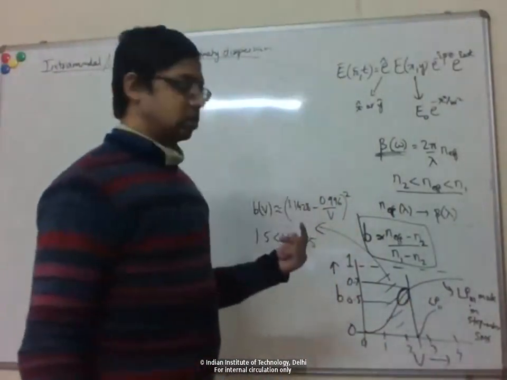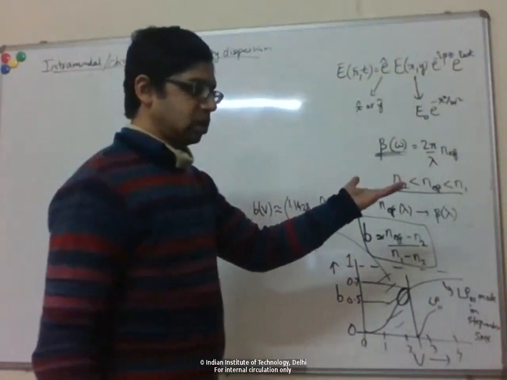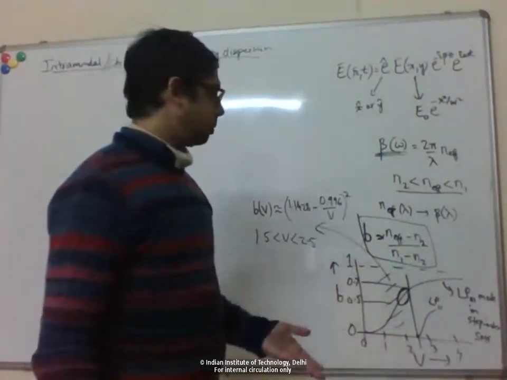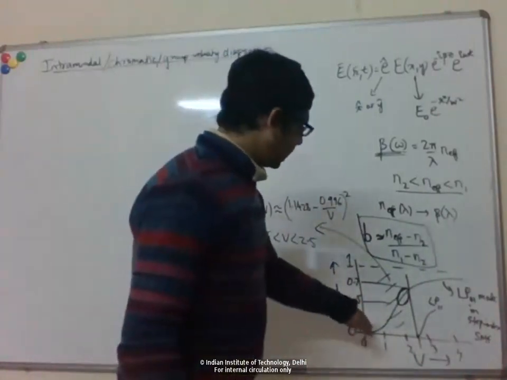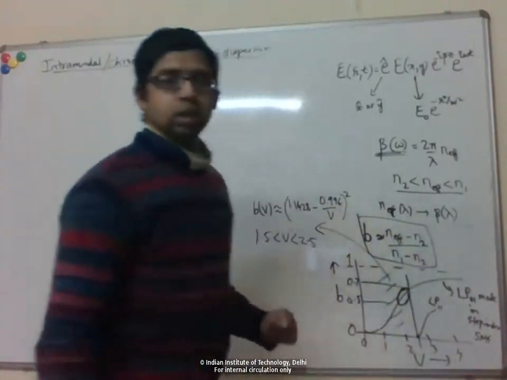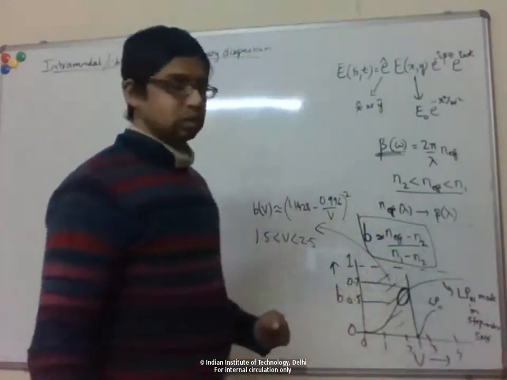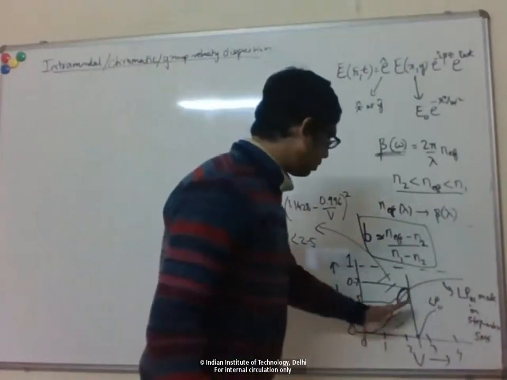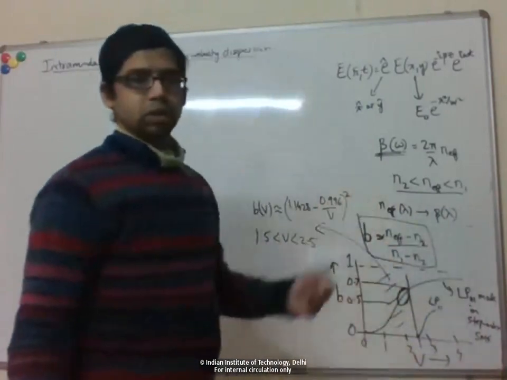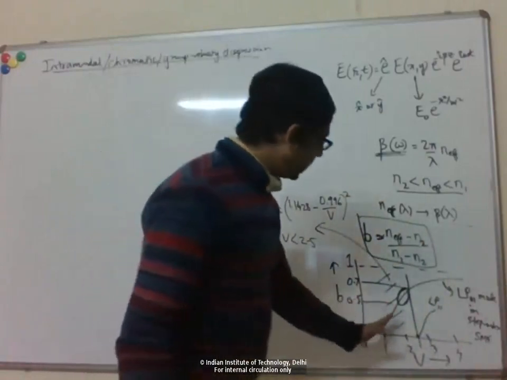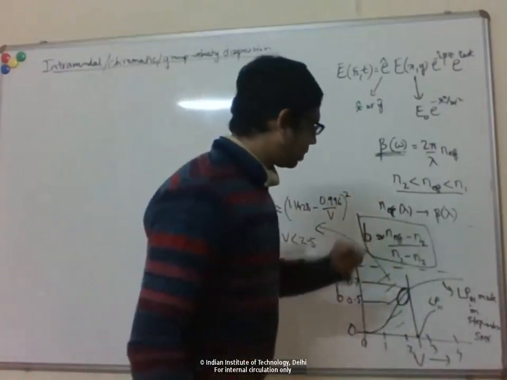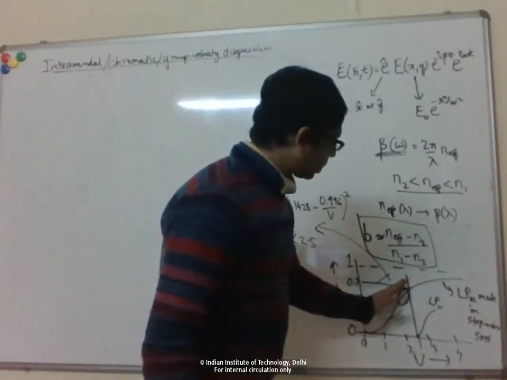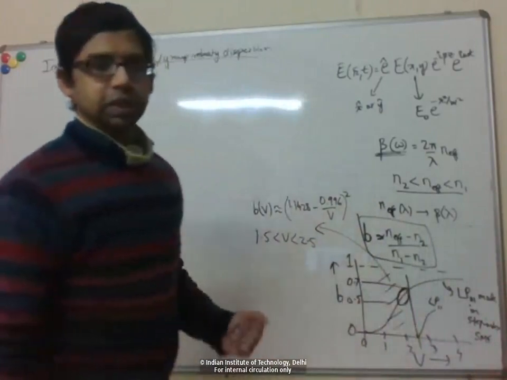And group velocity is the derivative of the frequency with respect to the wave vector, d omega by dk or d omega by d beta. So you can think that the slope of this gives you the group velocity. Of course, these are normalized numbers, but roughly the slope gives you something proportional to the group velocity. This is not a straight line, so the slope is actually varying. As I change wavelength or frequency, the slope changes, which means I have a different group velocity.